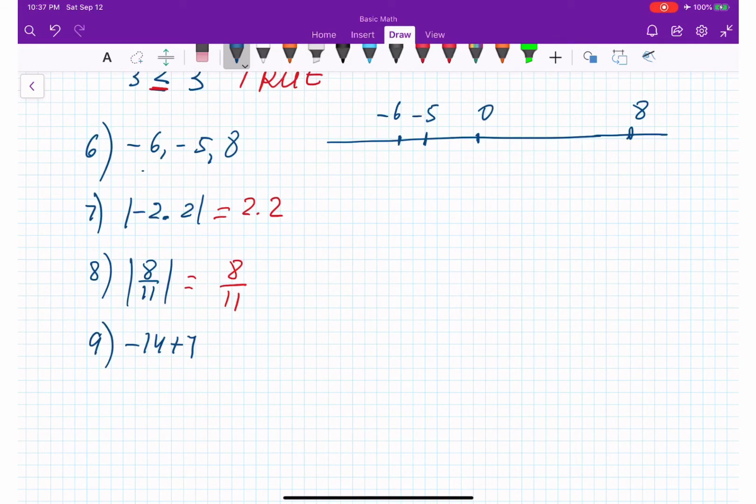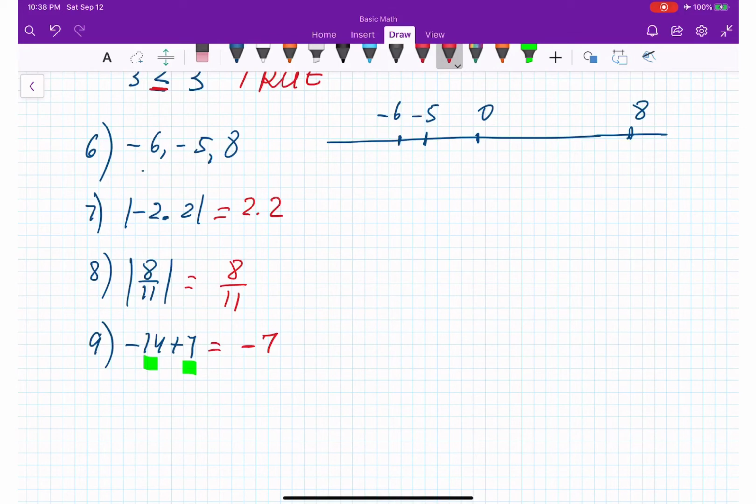When signs are different, we subtract, which means 14 minus 7 is going to be 7, yes? Now, regarding sign, whichever absolute value is greater, if I take 14 and I take 7, which number is greater? 14, right? So 14 has a negative sign, therefore this negative goes outside.